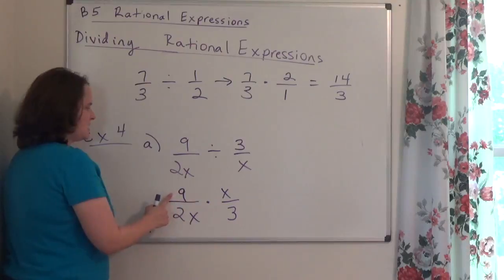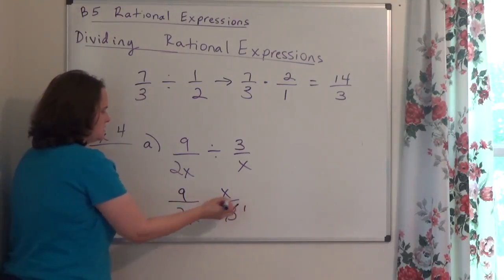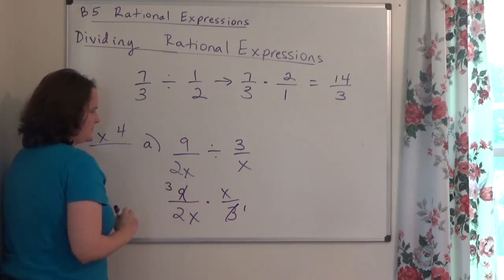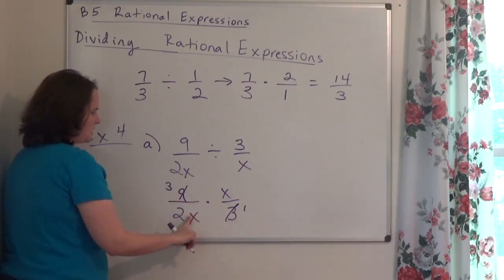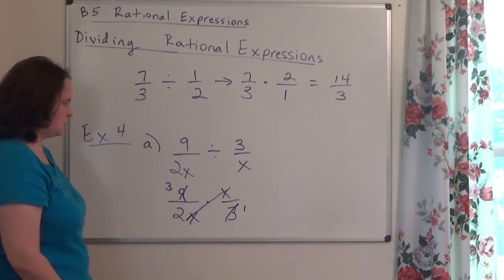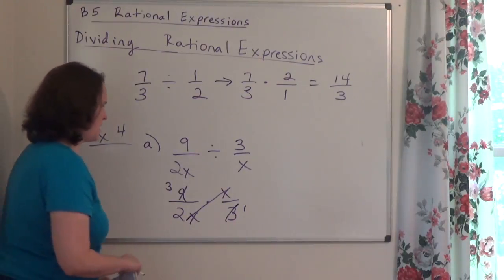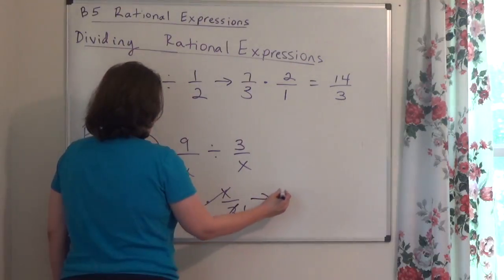Looking this way, the 9 and the 3 have a common factor of 3, so 3 goes into 3 once, 3 goes into 9 3 times. And then this way, you see we've got a common factor of x, so we can cross those out as well. What does that leave me with? My numerator has a 3, denominator has a 2 and a 1, so my answer is 3/2.